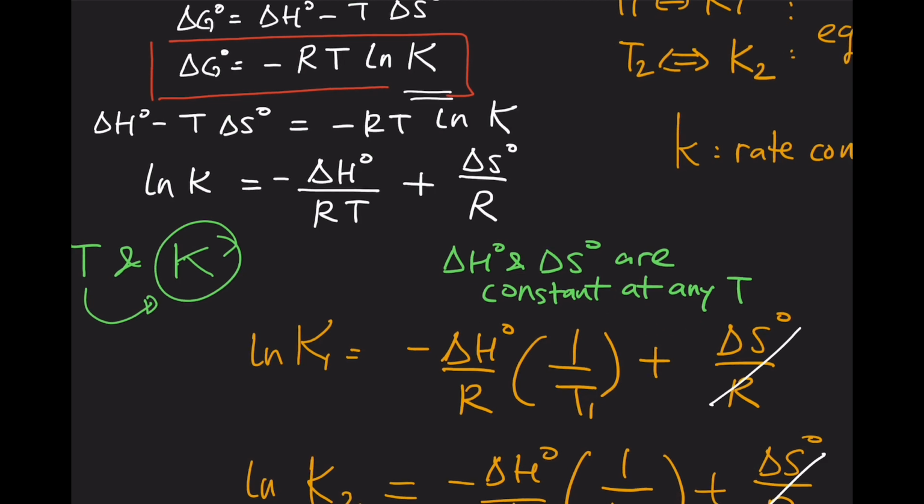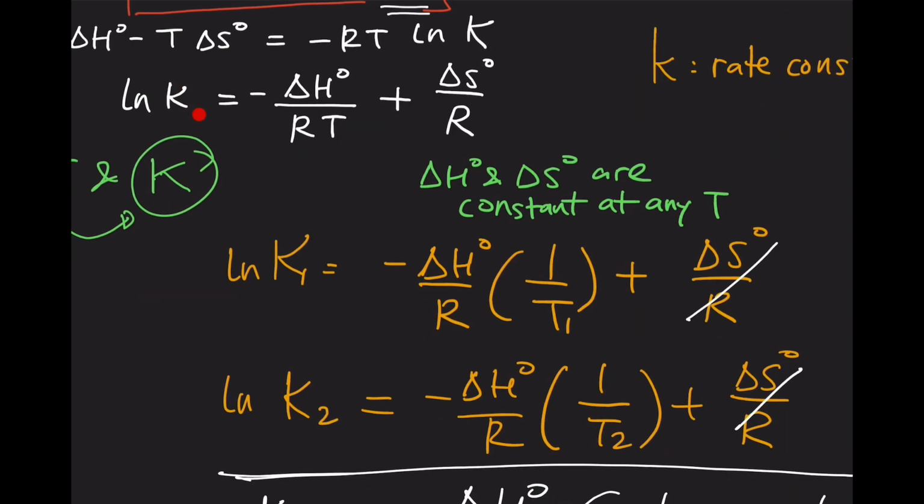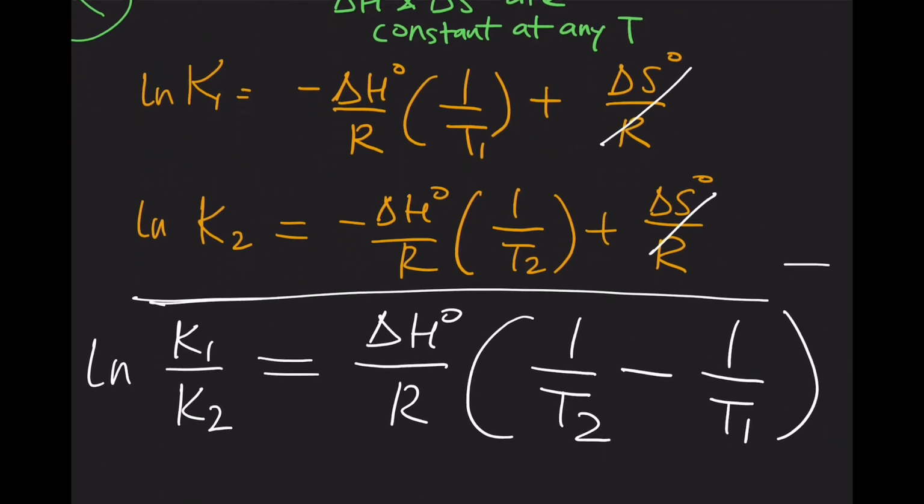So if we take this equation and substitute the values, we will get that ln K1 is equal to minus delta H over R times 1 over T1 plus delta S over R, and ln K2 is equal to minus delta H over R times 1 over T2 plus delta S over R. And now we can just subtract these equations, because we assume that delta H is the same for any temperature, and so does the delta S as well.